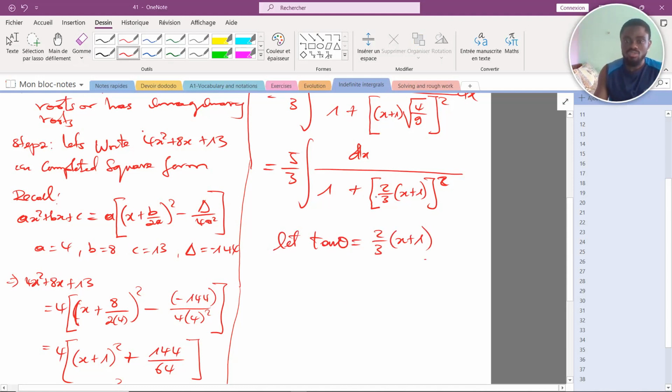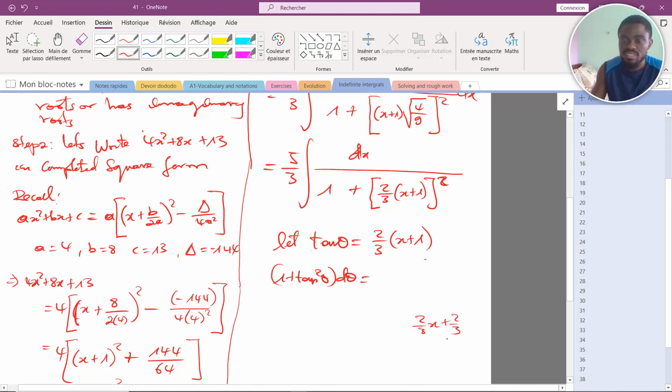We know already that we are going to substitute all of this by tan theta. But what will be the dx? To have the dx, we simply differentiate this implicitly. The derivative of tan theta is sec squared theta, or 1 plus tan squared theta, d theta, which must be equal to, when I differentiate this, don't be afraid, this is simply 2 on 3 x plus 2 on 3.